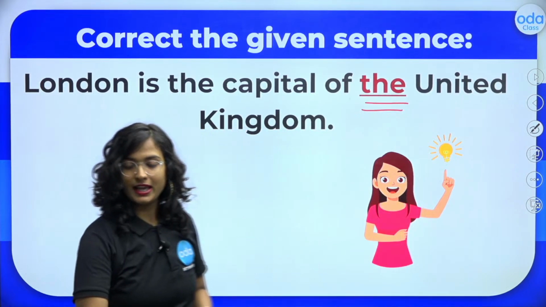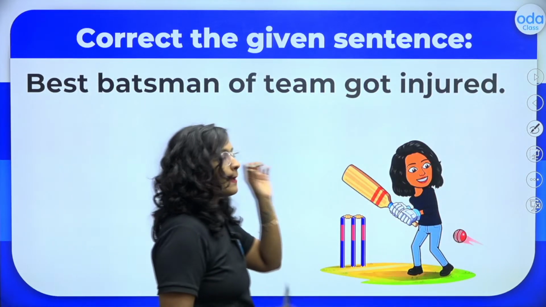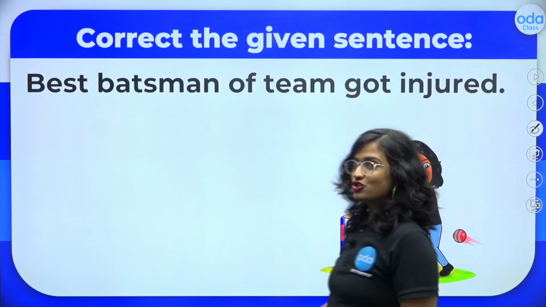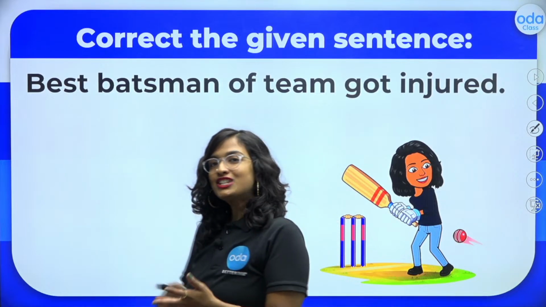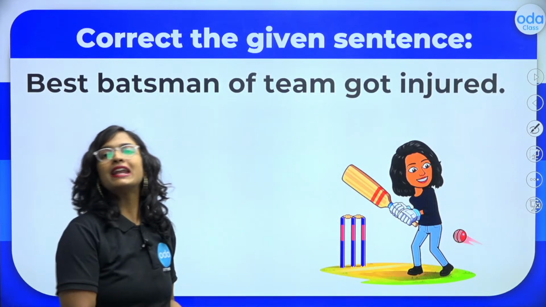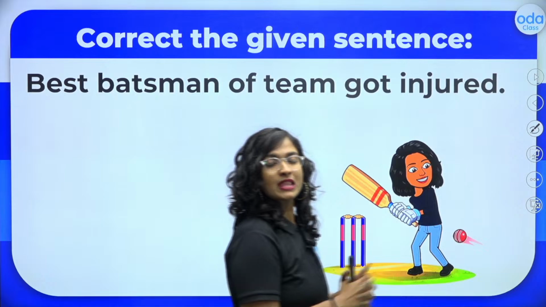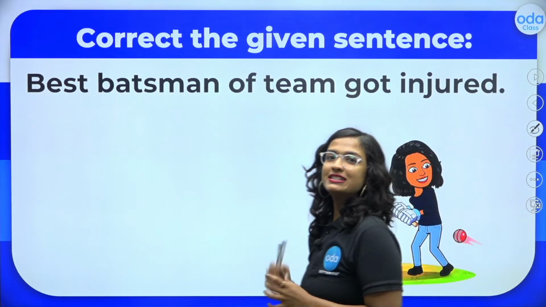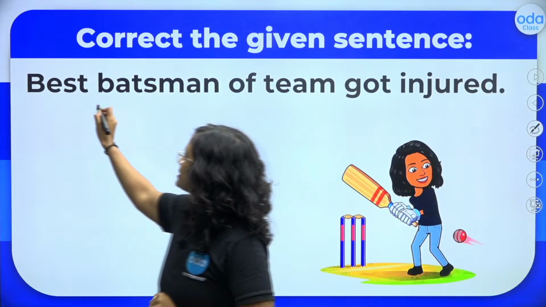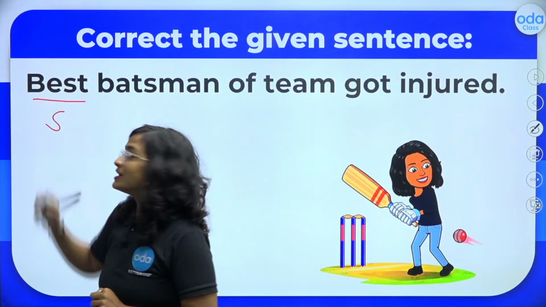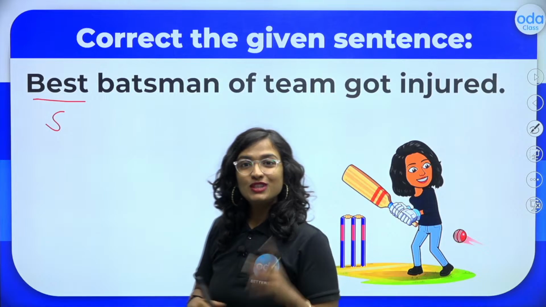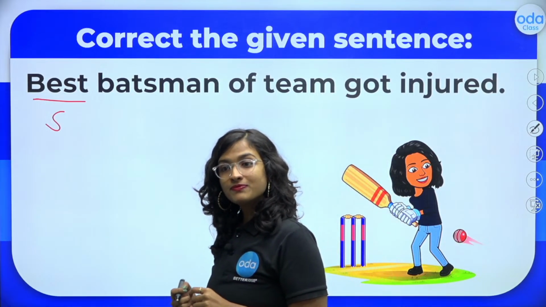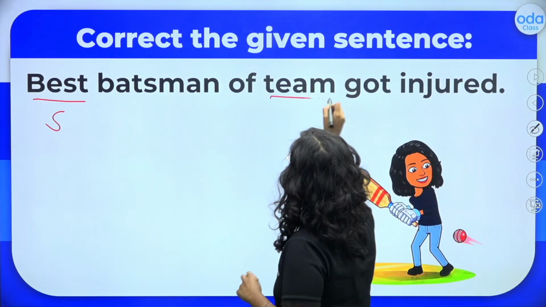Let's try once again here, students. Tell me, "Best batsman of team got injured." Where do I need to add articles to correct this sentence? Now, students, best is a superlative, right? So that means before best, I need to use my article the. Similarly, of team.